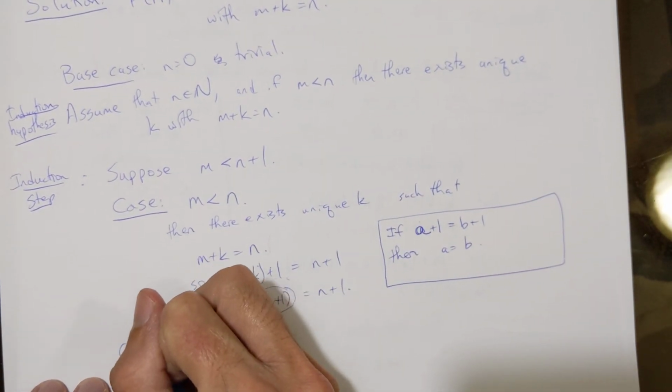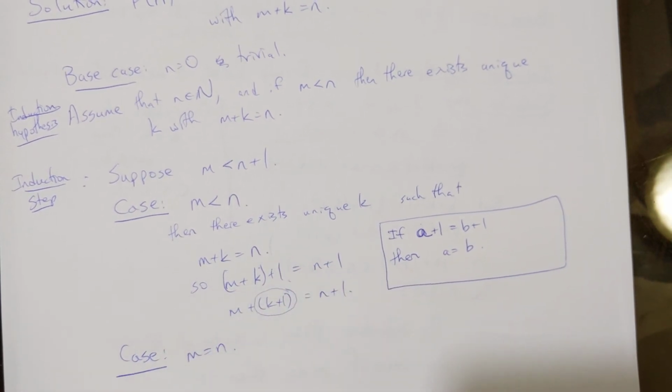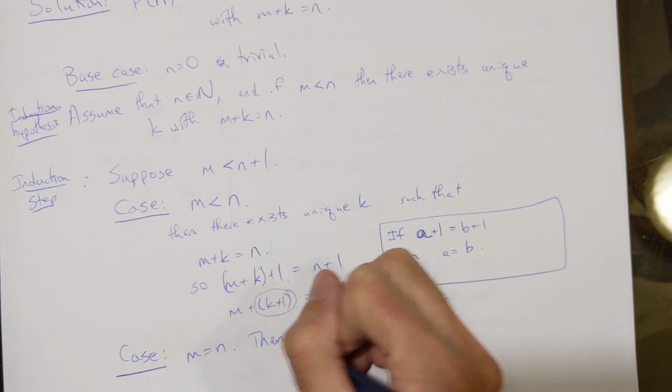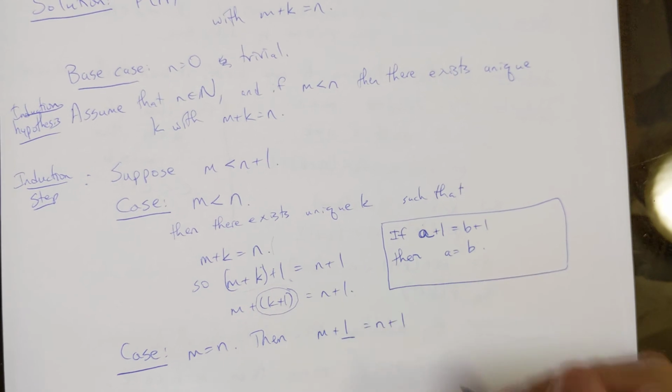So the other case is m equals n. Well then, m plus 1 equals n plus 1. This is k.